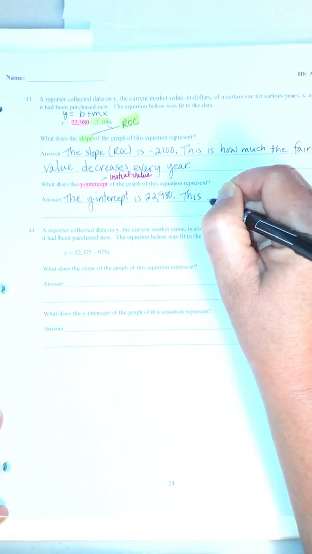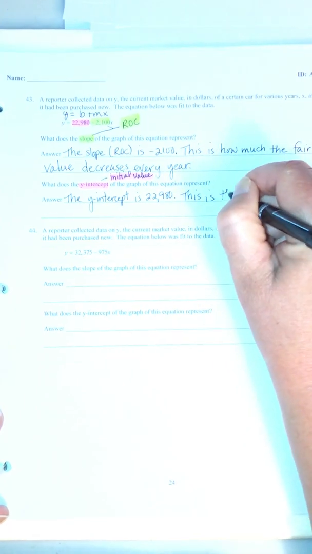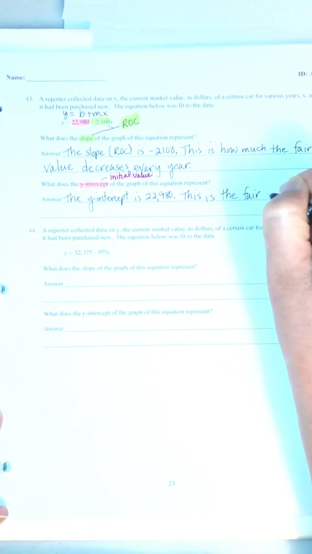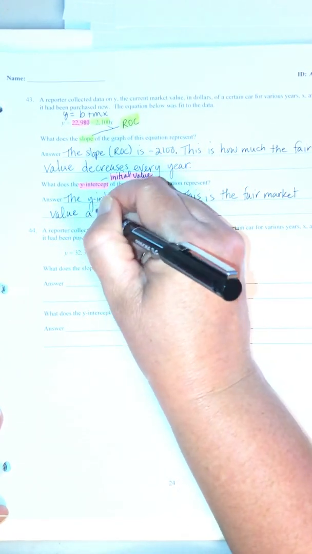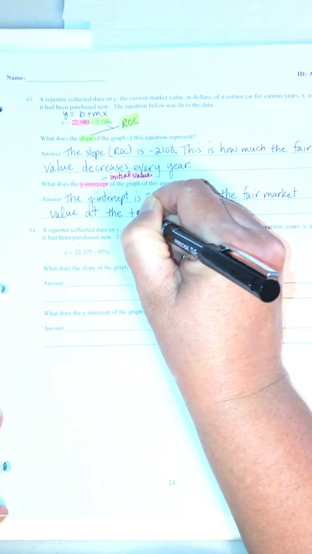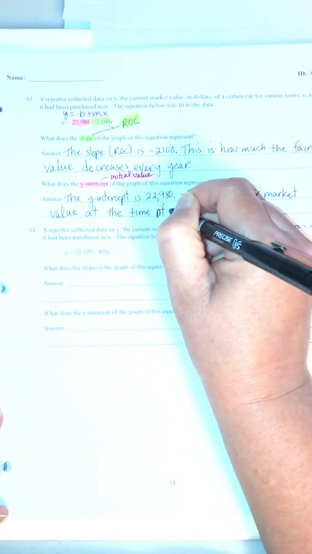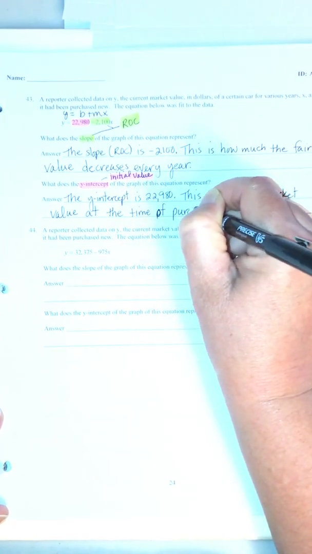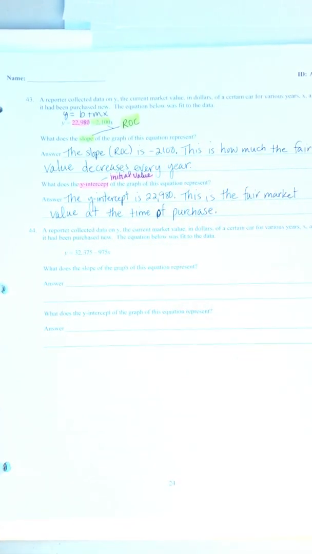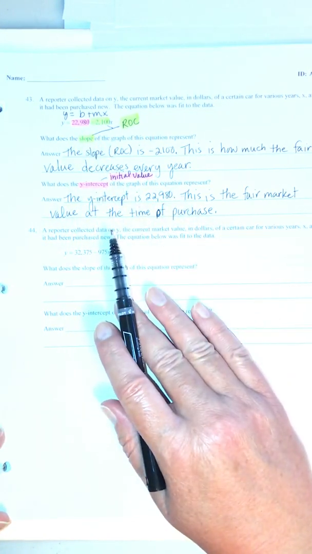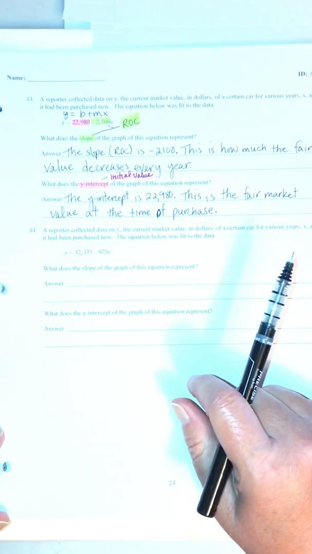And this represents, in this situation, this is the fair market value at the time of purchase. Okay, that's all you had to do. All the information was right in the equation, just pulling it out and describing what it is for this situation.